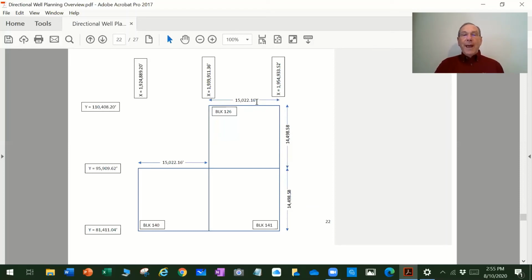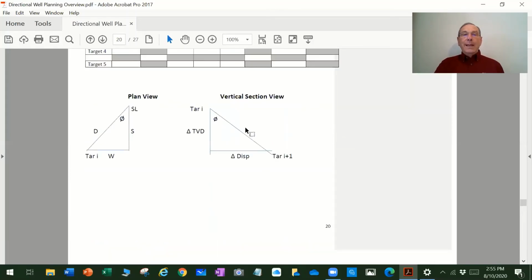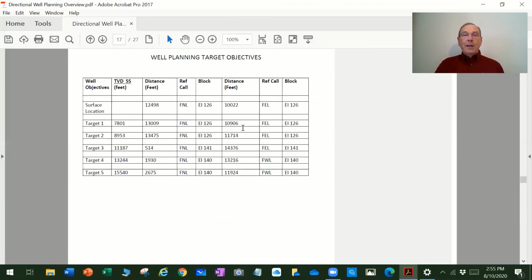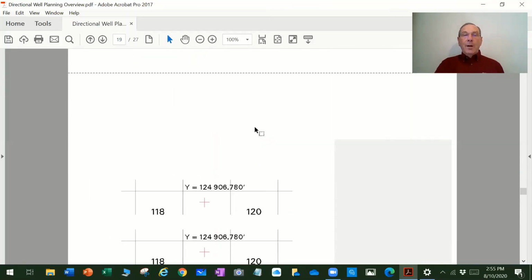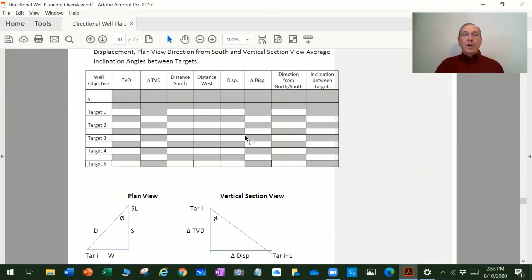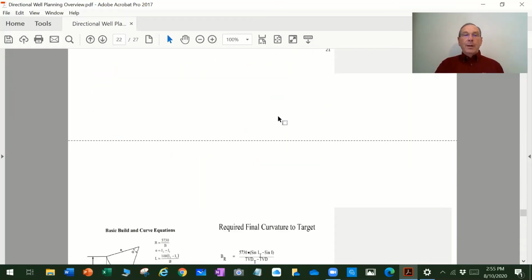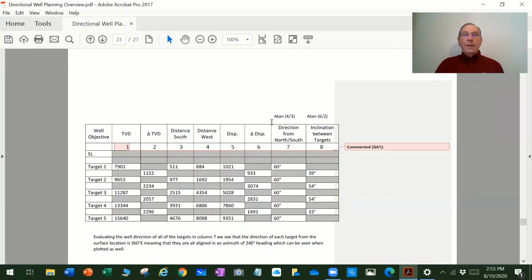So with these values, and by the fact that I gave the values from the west line that the geologist did of these 4 blocks, then we can calculate the distances from our surface location and complete our chart in order to continue our directional planning. If we complete the chart, you will end up with a chart that looks like this.